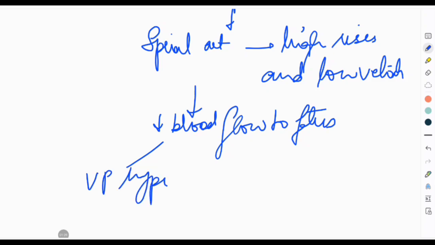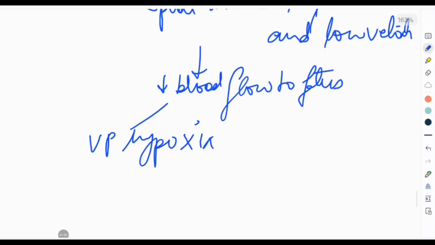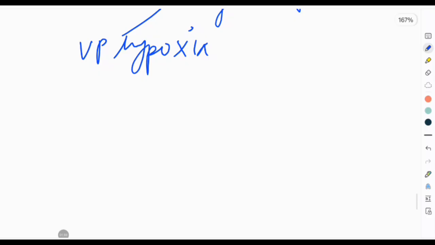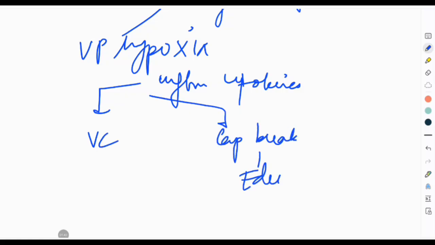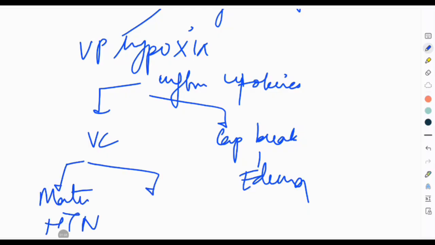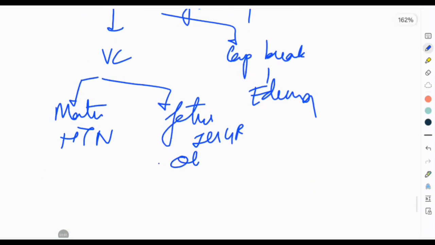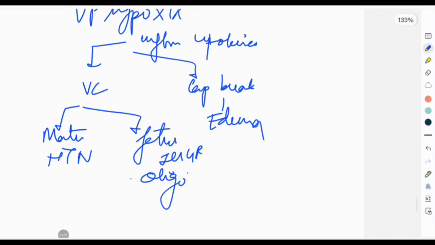Uteroplacental hypoxia. Then inflammatory mediators, cytokines, vasoconstriction, capillary breakage. There is edema. Then vasoconstriction can be maternal, hypertension; in the fetus, it causes IUGR, oligohydramnios.